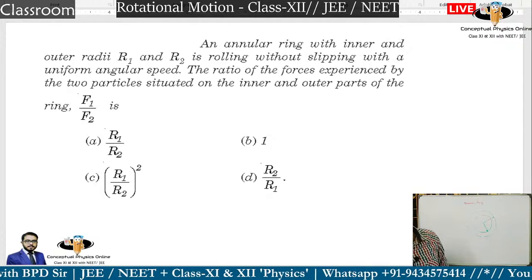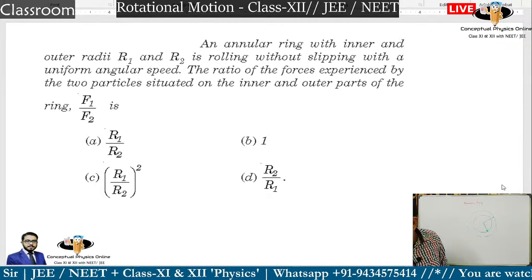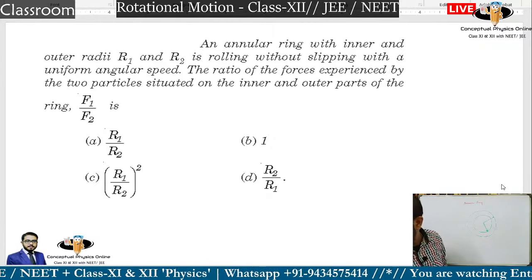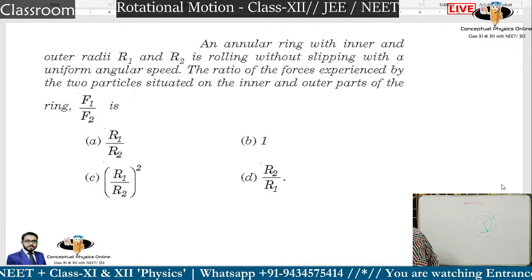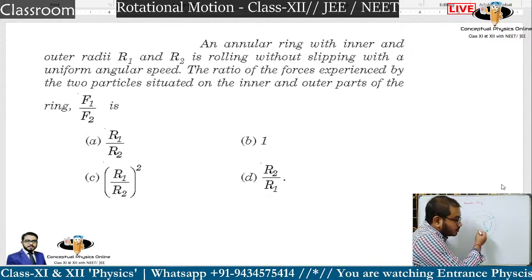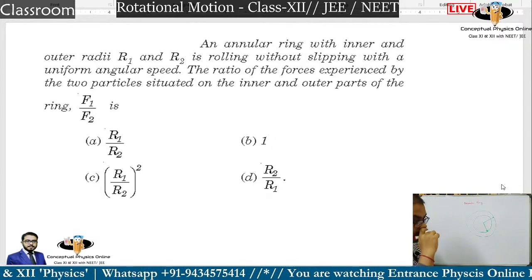So our matter of concern is to find the ratio of F1 by F2.